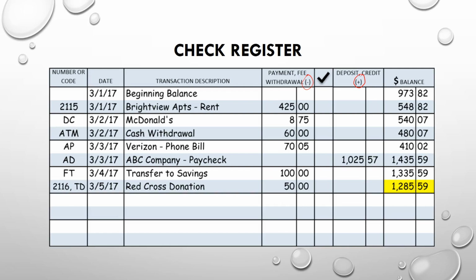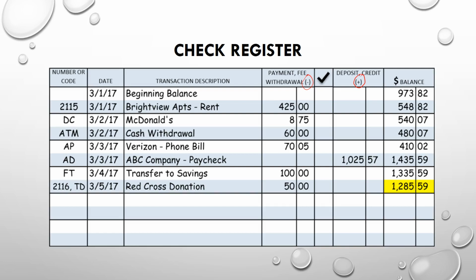Otherwise, you had to wait a whole month for your next bank statement to come in the mail, right? But now with online banking, right, you can log on to your bank and put in your password and immediately know exactly how much money you have in your account at all times.